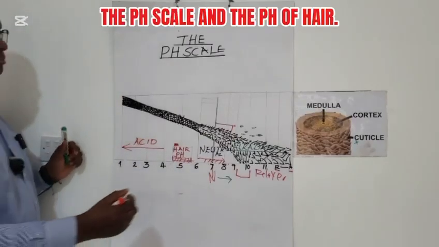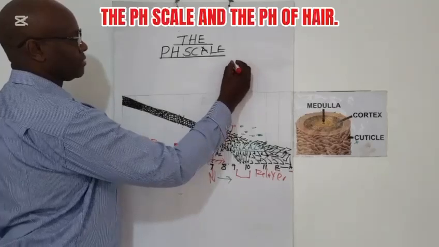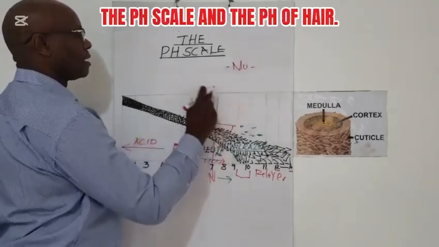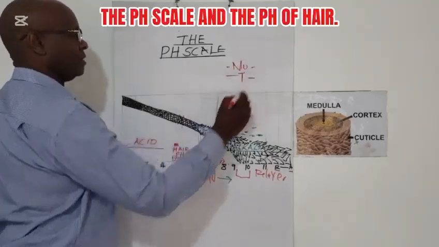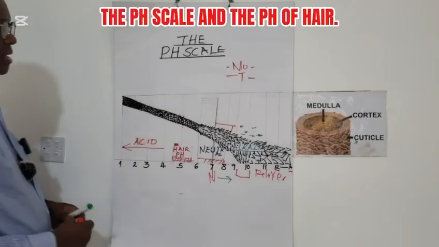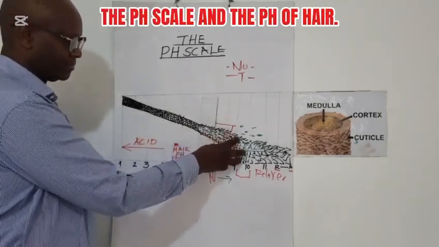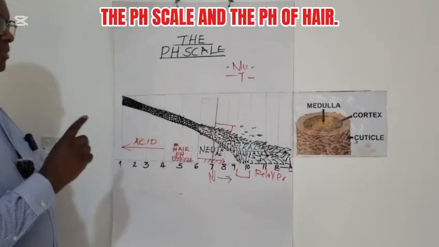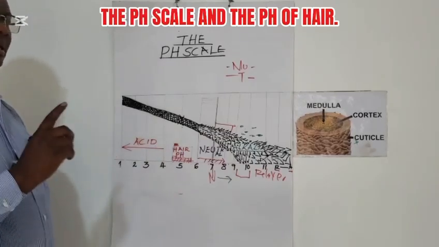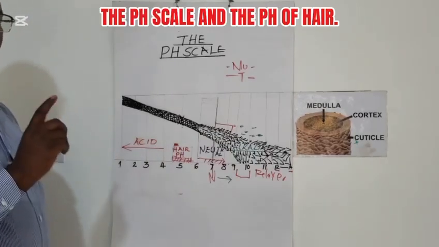One, your hair will lose a lot of moisture. Again, your hair will be prone to tangle because the cuticles were left wide open. So understanding pH is something that you really need to do in your daily life.